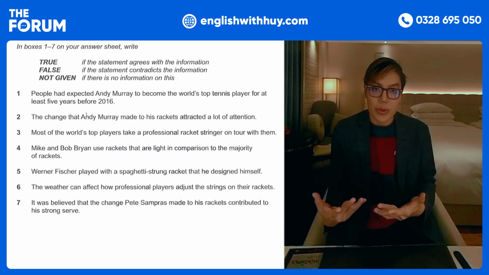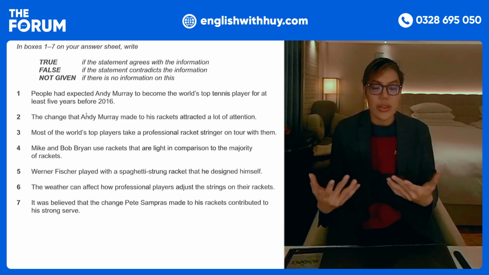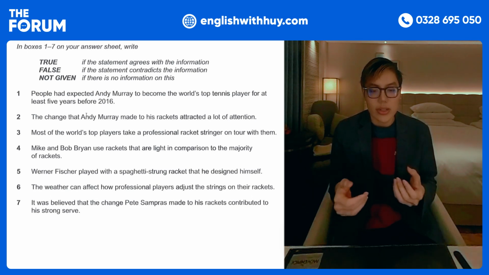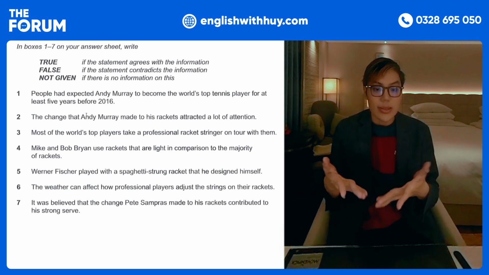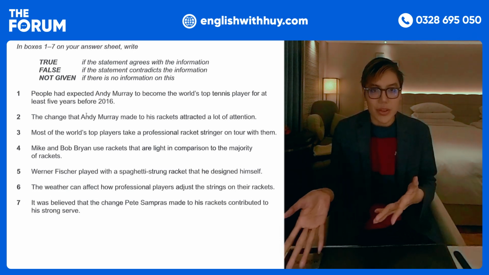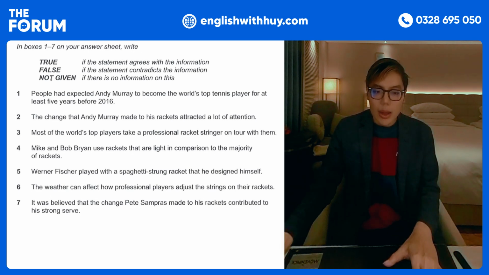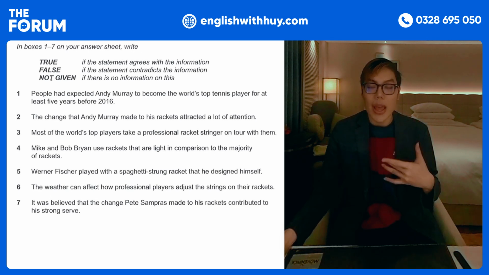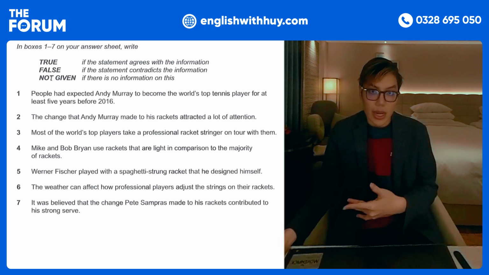So I encourage people to be very precise with choosing what word you have to change in order to negate this statement. So yeah, for this specific one, it's not very hard. It's about the expectation of people toward the performance of Andy Murray in a specific period of time.